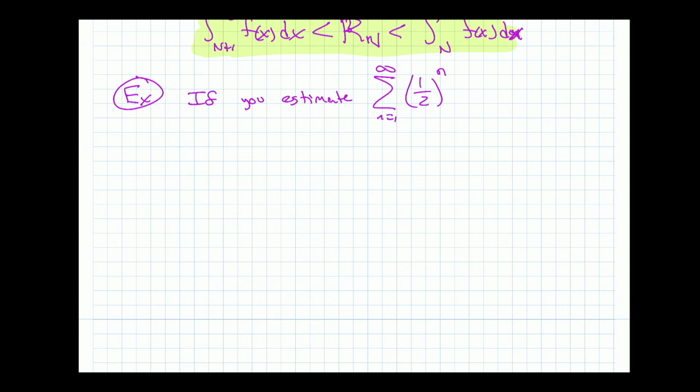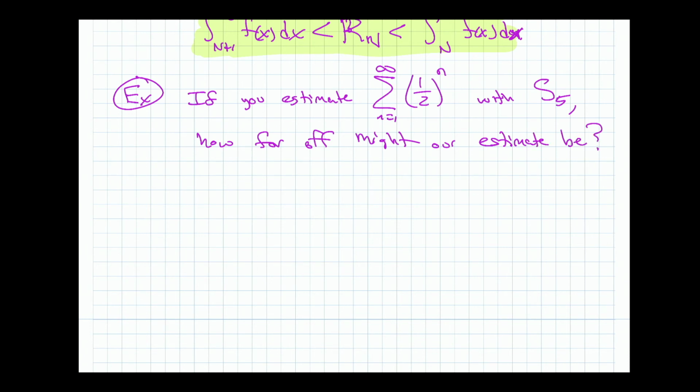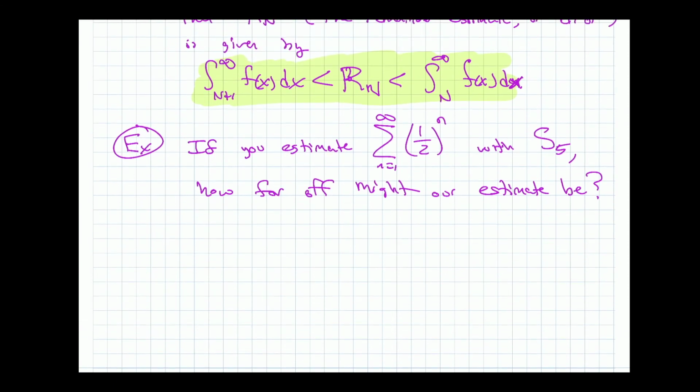If you estimate this sum from 1 to infinity with S5, how far off might our estimate be? All right. And basically what you have to do is just calculate those two integrals and you'll figure it out.